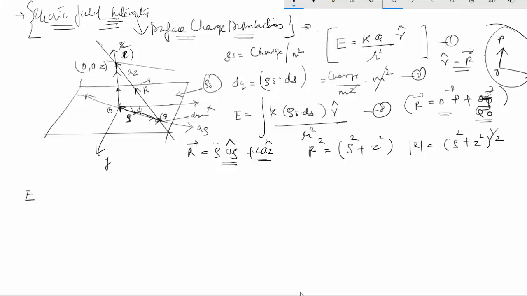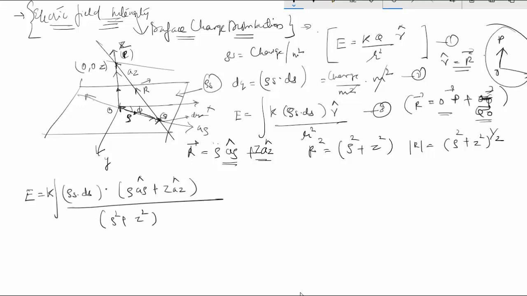If I'm substituting the value in this, my equation for E is the integration of, taking k out, rho s ds into rho a rho plus z a z divided by rho square plus z square raised to 3 by 2.